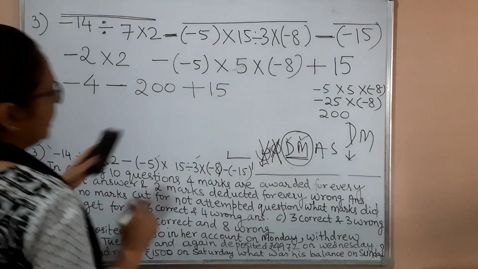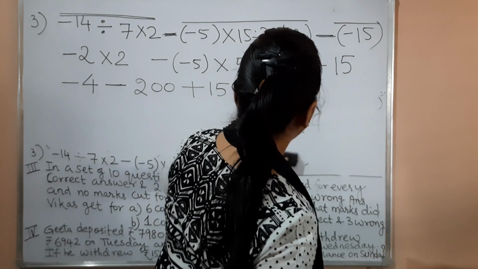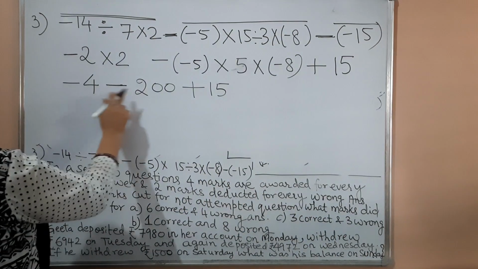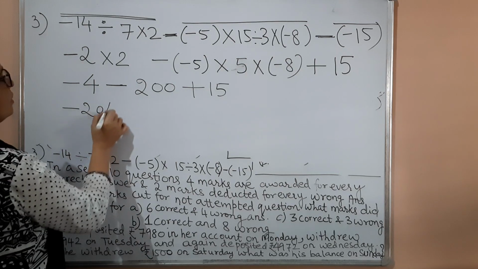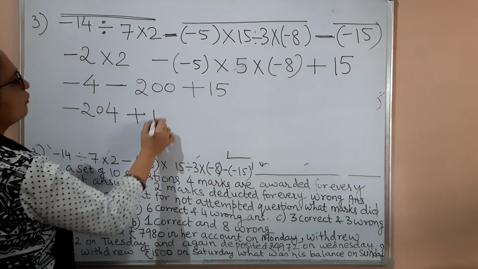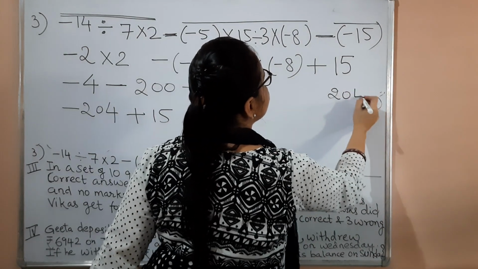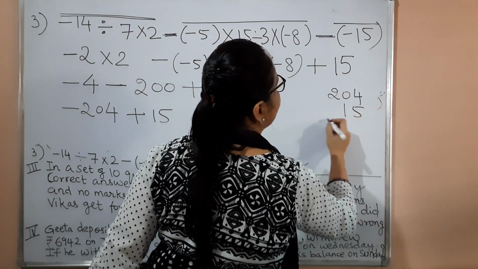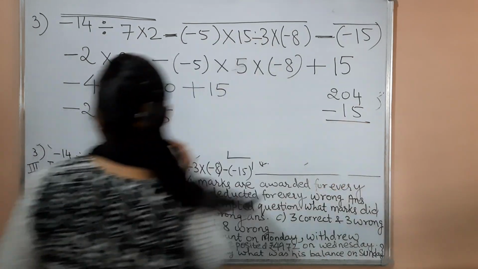Now we have to solve this with our story method. We all know that, right? So minus 4 minus 200 becomes minus 204 is the loss and plus 15 is the profit. That means the loss is a little bit reduced by 15. We have to subtract and the answer is loss.